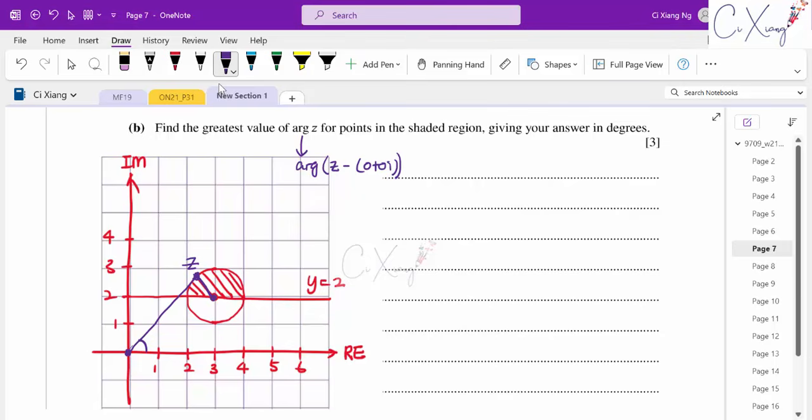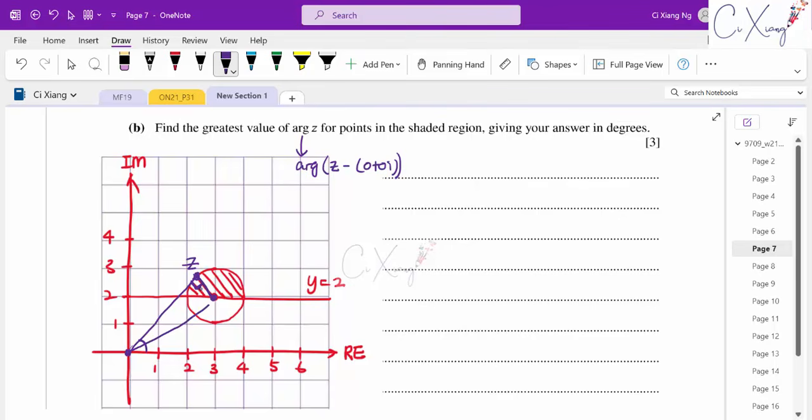I know this is a 90-degree perpendicular line, because Z is a tangent point of the circle, and a tangent meets the radius at 90 degrees.